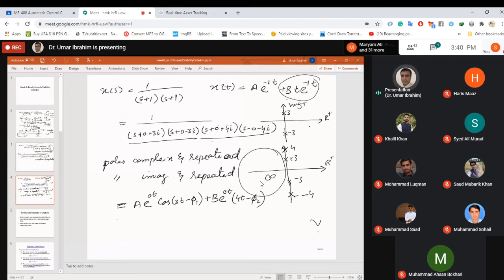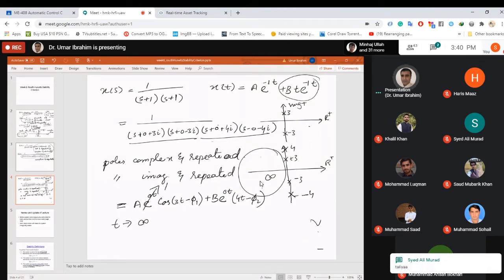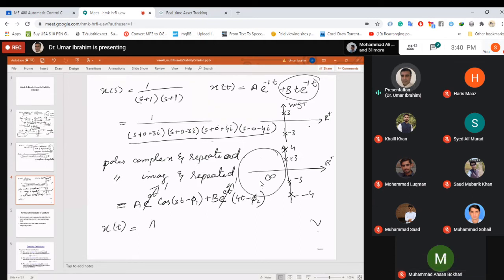So when t approaches infinity, these exponentials become equal to 1, and our final x of t becomes a cos(3t minus phi 1) plus b cos(4t minus phi 2).